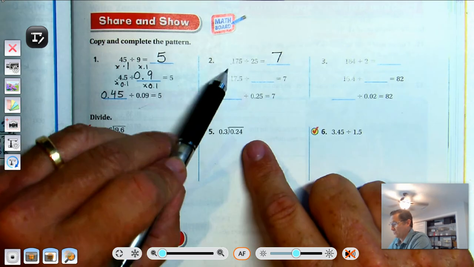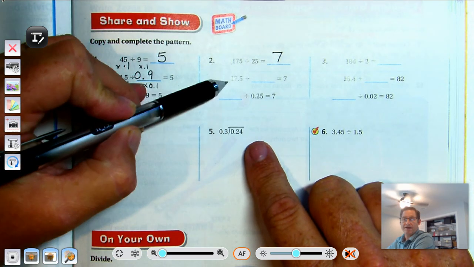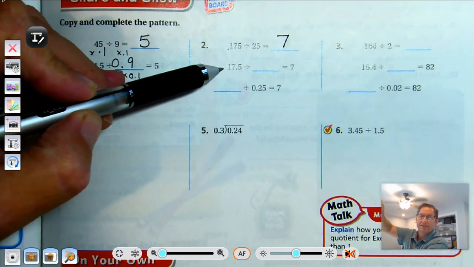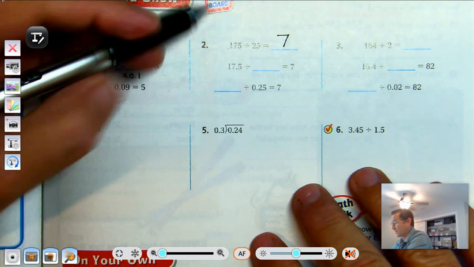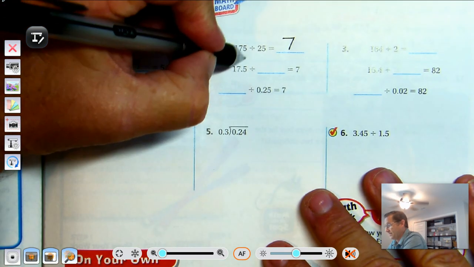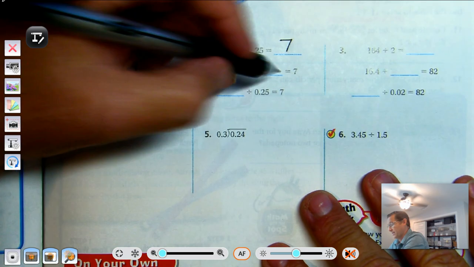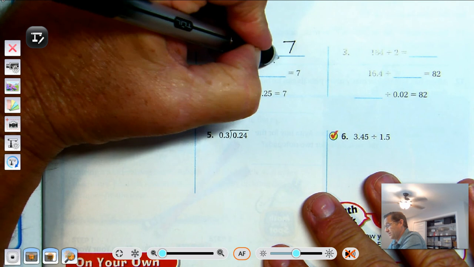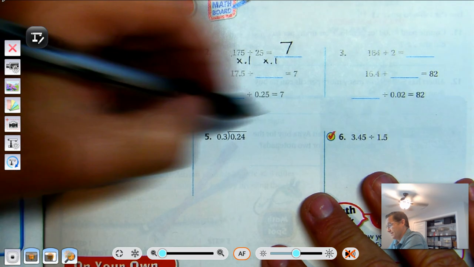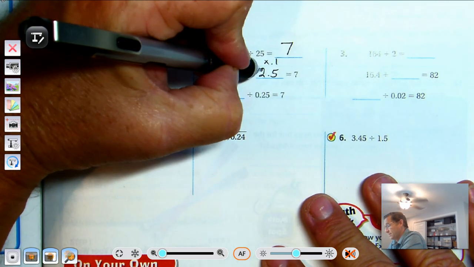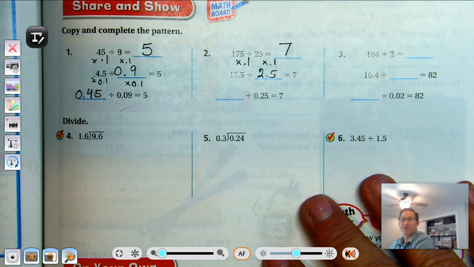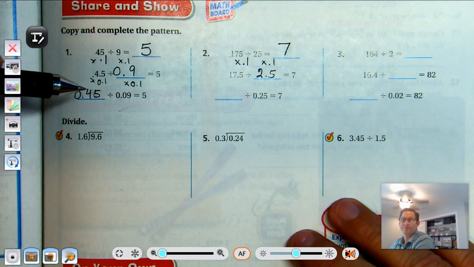So what did they do? What happened here to go from 175 to 17.5? The decimal place moved one place to the left, so they're multiplying by 1/10. So I'm also going to multiply 25 by 1/10. So 17.5 divided by 2.5 is 7.